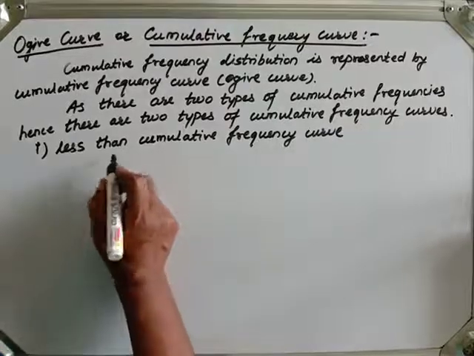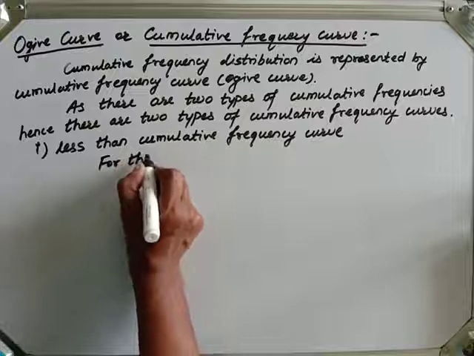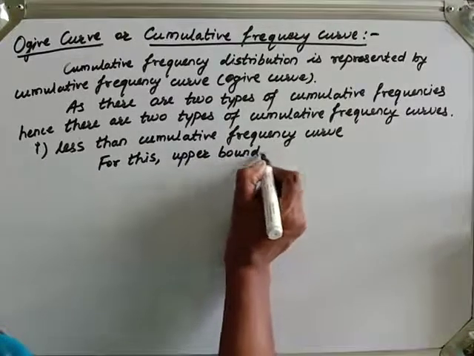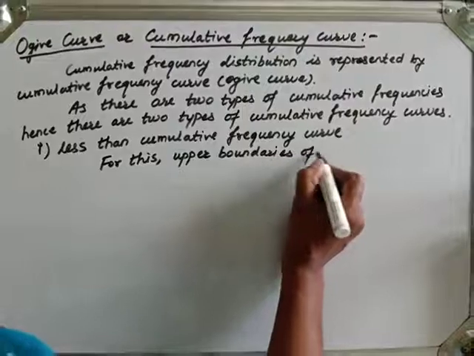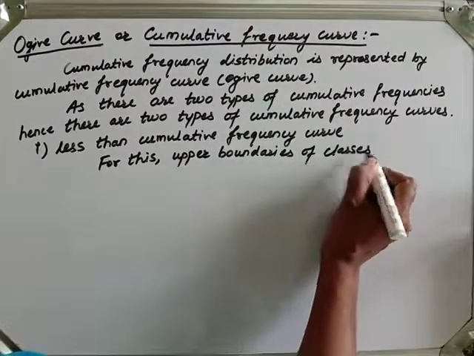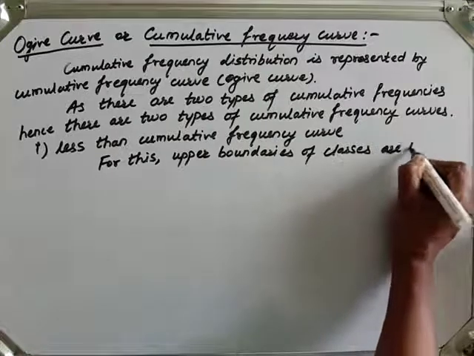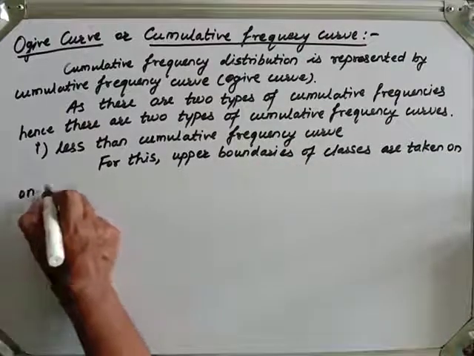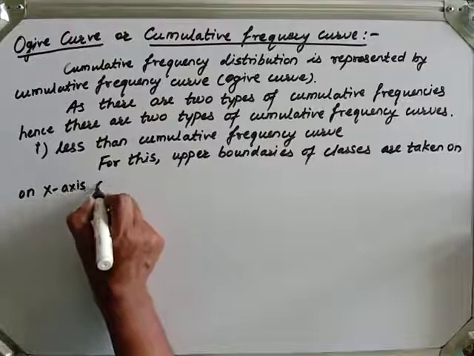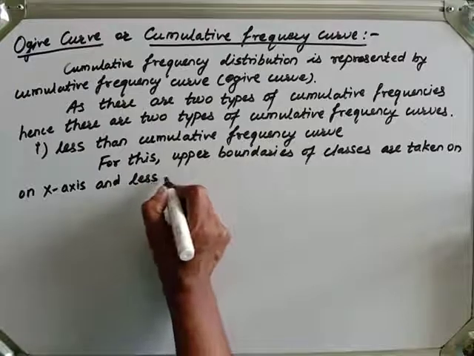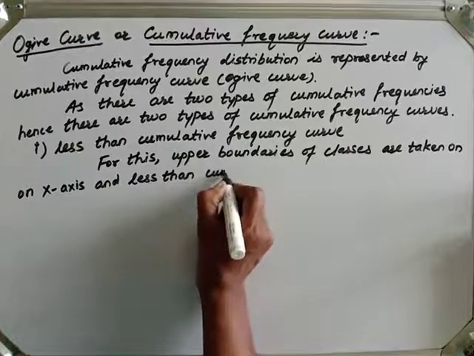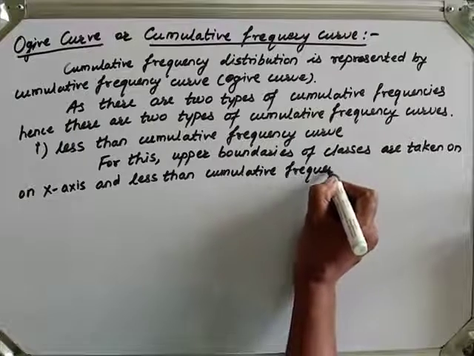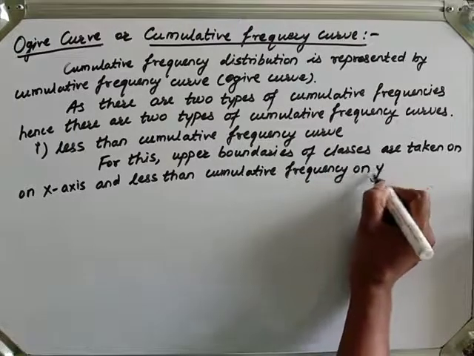For this, upper boundaries of classes are taken on the x-axis, and less than cumulative frequency on the y-axis.